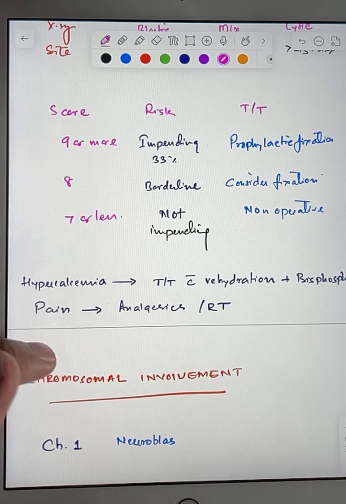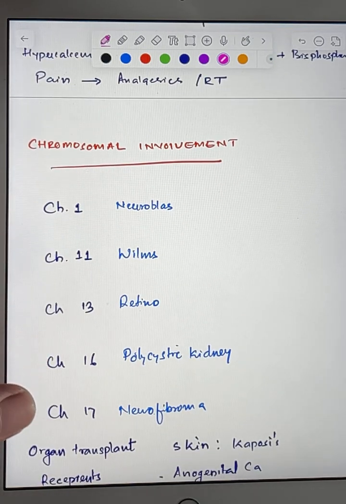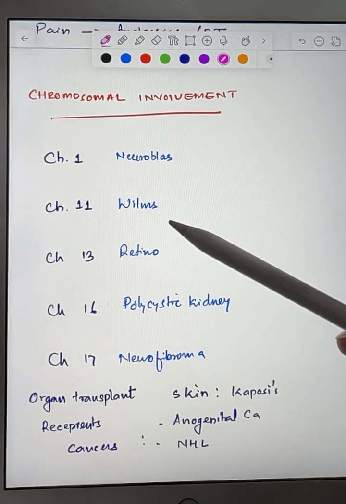Chromosome involvement: chromosome 1 neuroblastoma, Wilms.